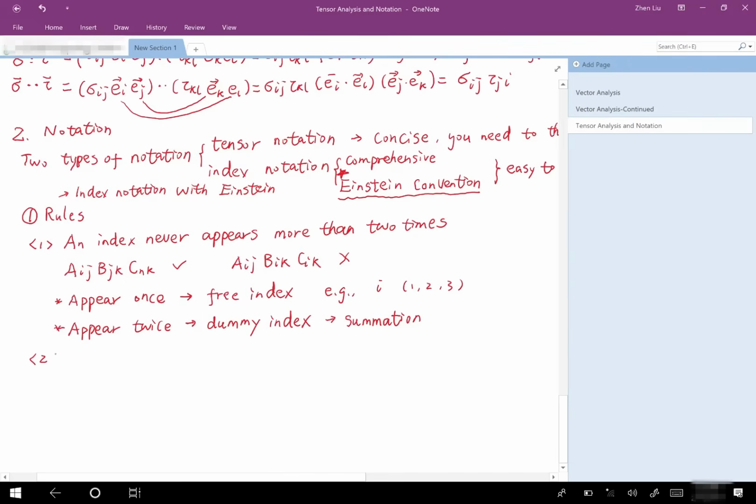Second rule, free indices on each term of the equation must agree.